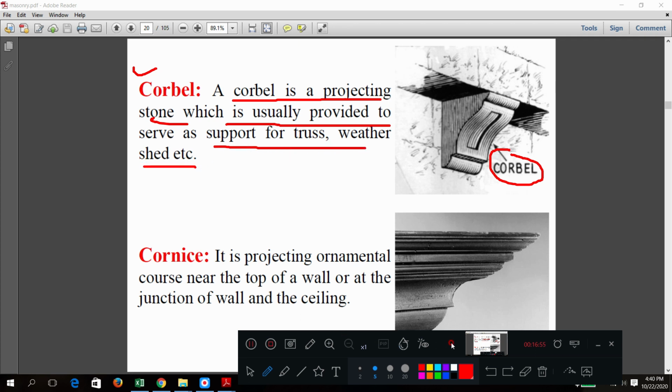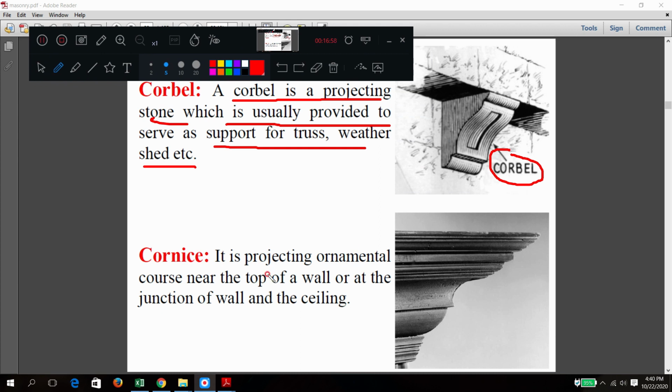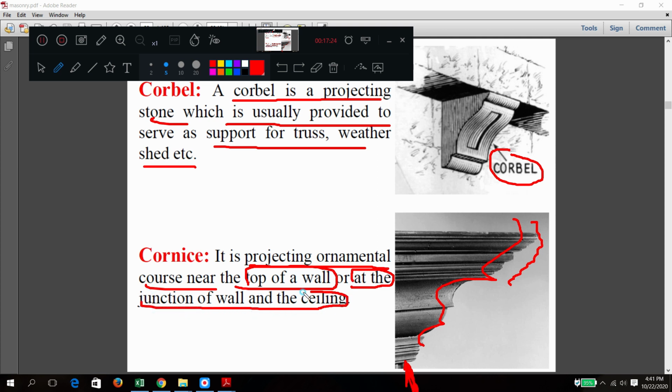Okay, like that. Cornice is exterior, means what? Outside the wall. For architectural purpose, it is made like this. So from here, the wall will go like this, but here at the top of the wall, it is made like this, for architectural purpose. So these are projecting ornamental courses near the top of the wall, at the junction of wall and ceiling.